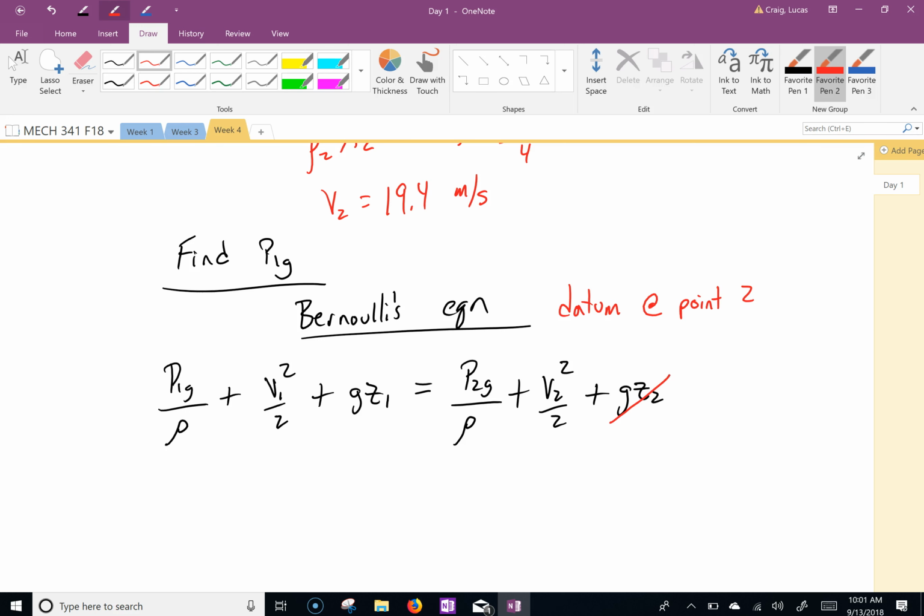I didn't give you L either? Okay. I didn't call it Z2. Do you remember the modified Bernoulli's? After this, you don't write this down, so nothing in blue, but here you would add the head of a pump, your head loss too, head loss, minor and major, and then the turbine.